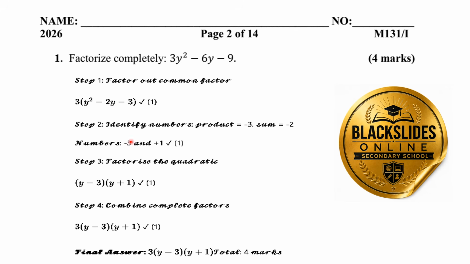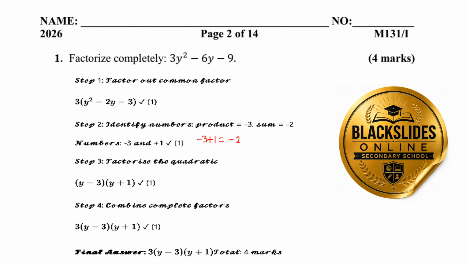Such numbers, you will notice, will be minus 3 and positive 1. If you take minus 3 multiplied by positive 1, you get minus 3. But at the same time, if you add minus 3 to 1, you get minus 2.